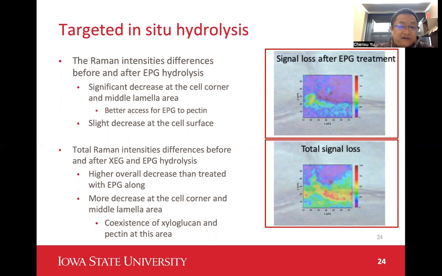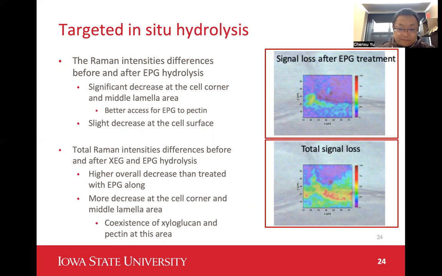Right, so again, what we gather from our observation is that for onion skin cells, the cell wall structure has the highest pectin in the corner in the middle lamellar area.